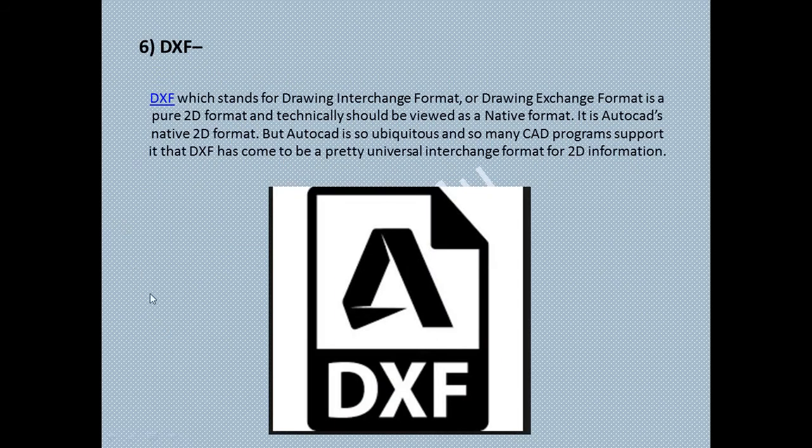Sixth one is DXF, which stands for Drawing Interchange Format or Drawing Exchange Format. It is a pure 2D format and technically should be viewed as a native format. It's AutoCAD's native 2D format, but AutoCAD is ubiquitous and so many CAD programs support it that DXF has become a pretty universal interchange format for 2D information.